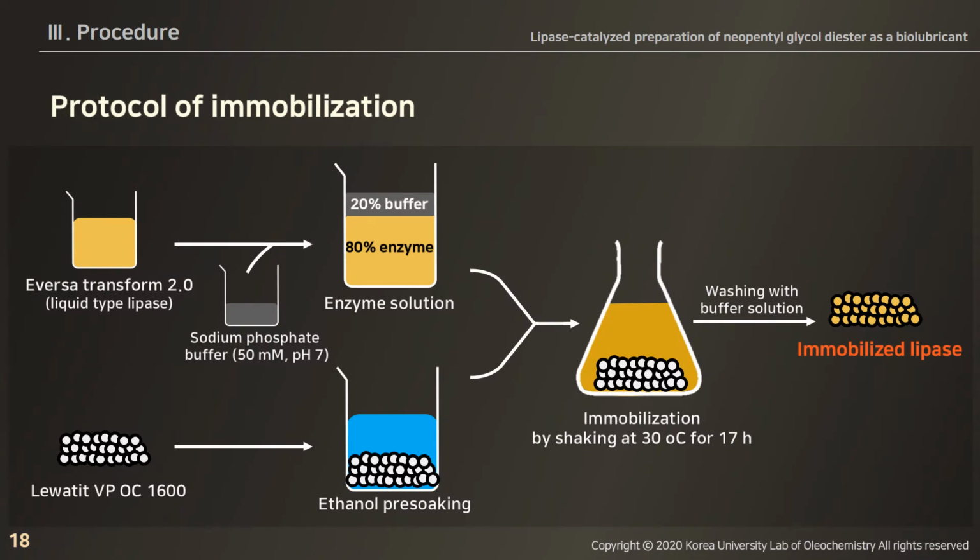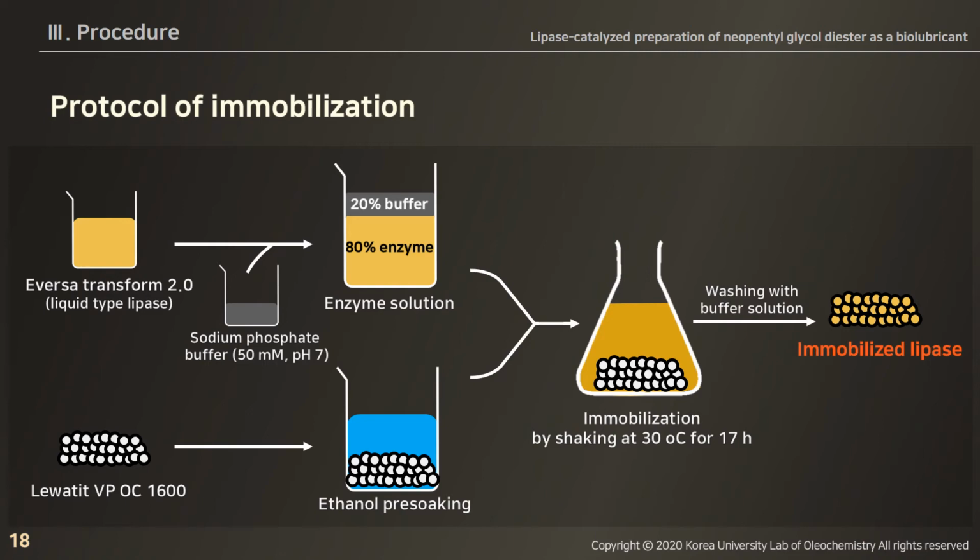This diagram shows the general method of enzyme immobilization in our lab. First, the enzyme solution was prepared by adding sodium phosphate buffer to Eversa Transform 2.0, which is liquid lipase. At the same time, the hydrophobic carrier needed to be pre-soaked in ethanol to allow the enzyme to physically enter the pores of the carrier.